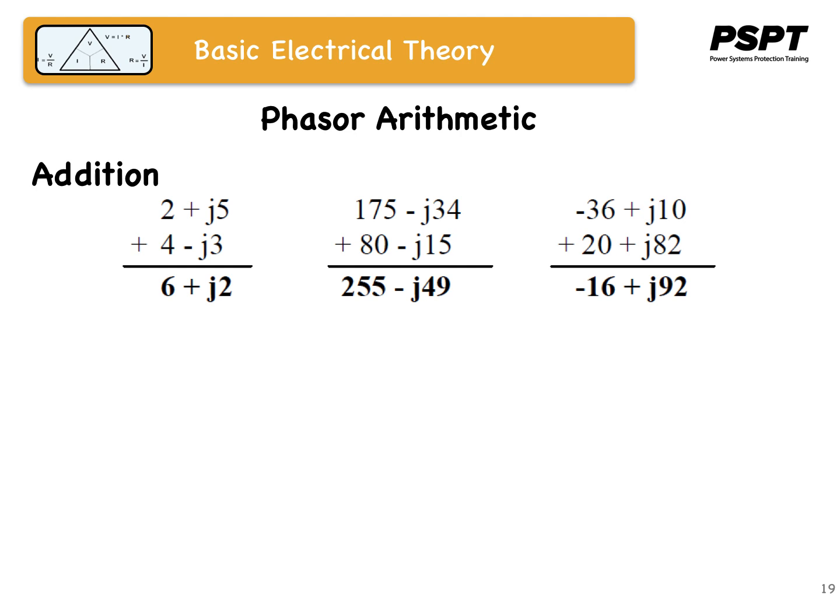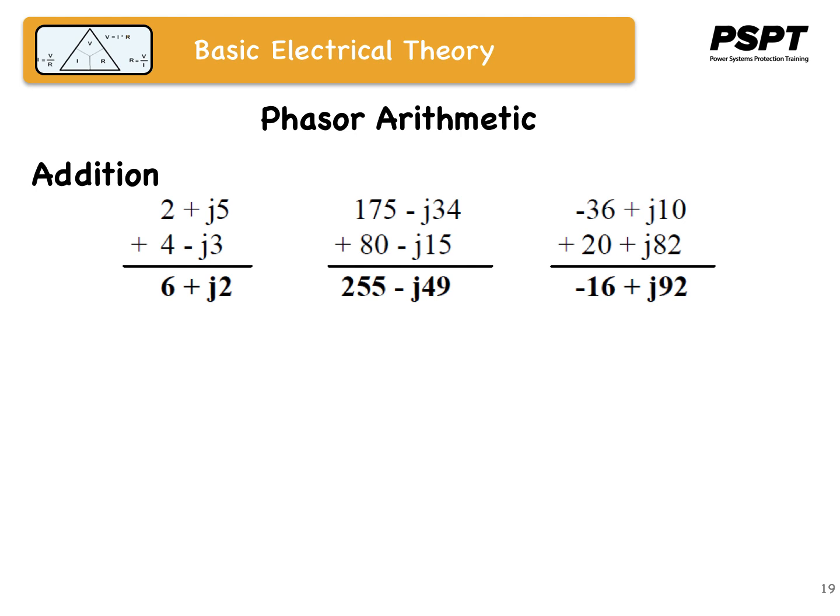For the first one, you have a phasor that is 2 plus J5 added to a phasor that's 4 minus J3. If you add those two together, 4 plus 2 is 6 for the real component, and 5 minus 3 is the imaginary side, so that works out to plus J2.